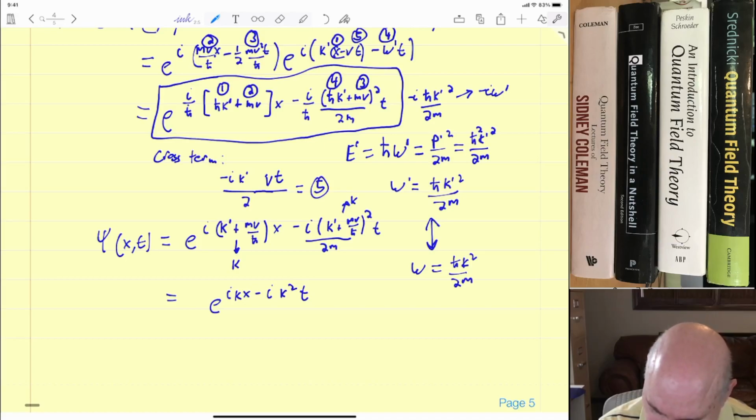Yeah, because that's a square, so I can't cancel that. So I need to go h bar. Okay, so the h bar is here.